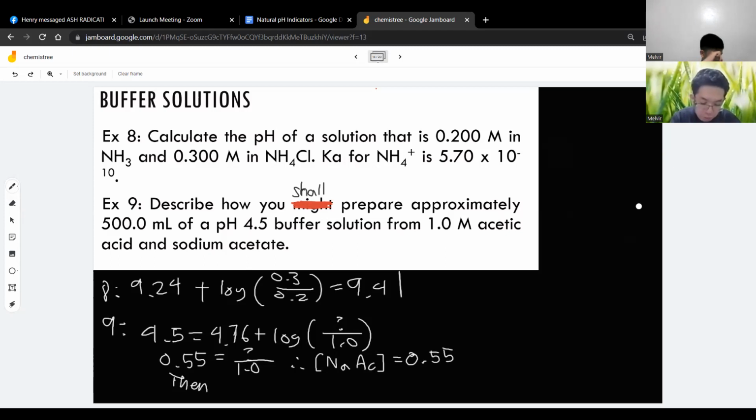Sige. Okay. Yeah, pwede na. Diniretso mo lang kasi. Yan ang concentration mo, 0.55 molar din.